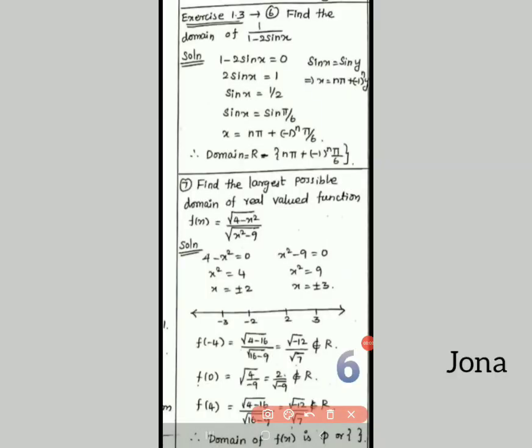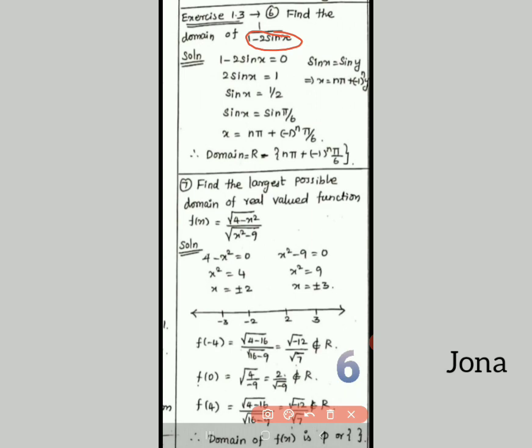Sixth problem: find the domain of 1 by 1 minus 2 sin x. Okay, we are going to see about the domain. Here I want to take the denominator only. 1 minus 2 sin x equal to 0. From this I can take this 1 to the other side, it will become minus 1.